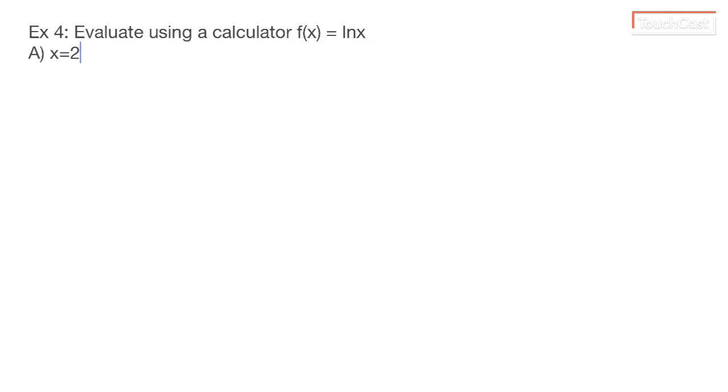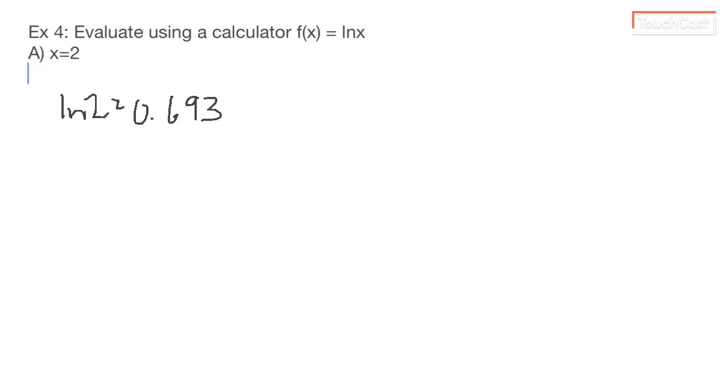Now, on your calculator, there is a natural log button. It's found over by where the on button is. So if we push that button and have the natural log of 2, and then we hit enter, we're going to find that that is about 0.693.